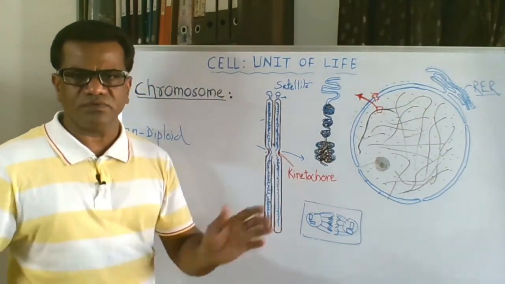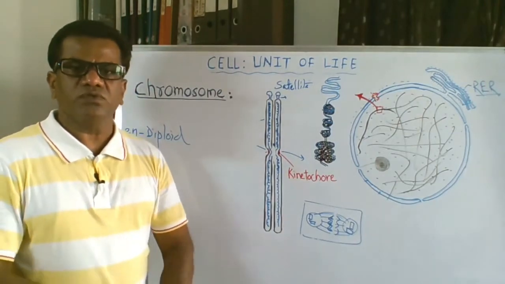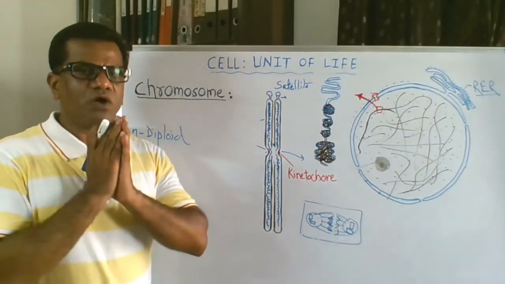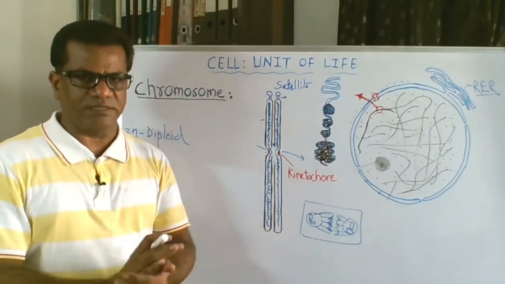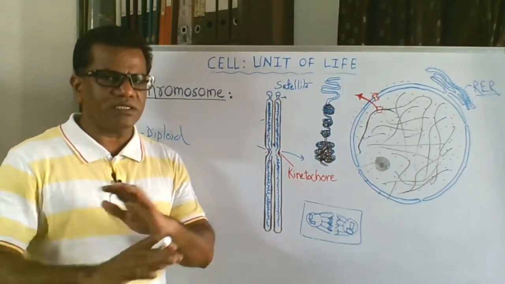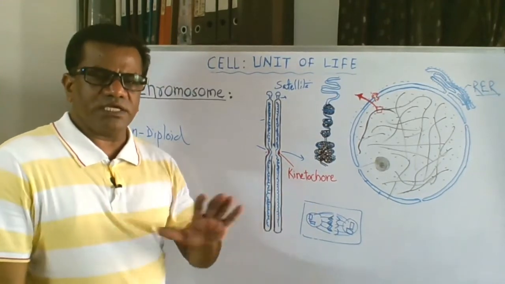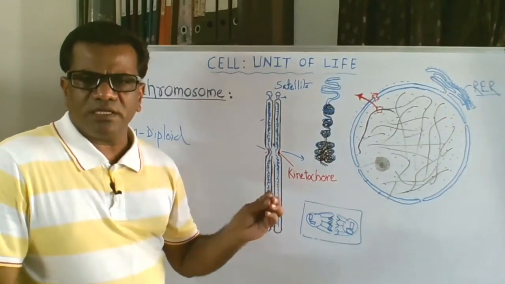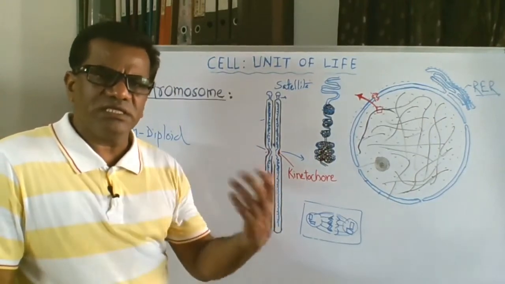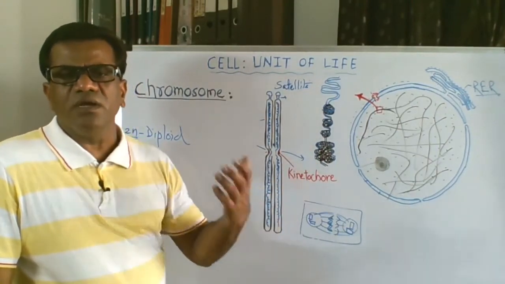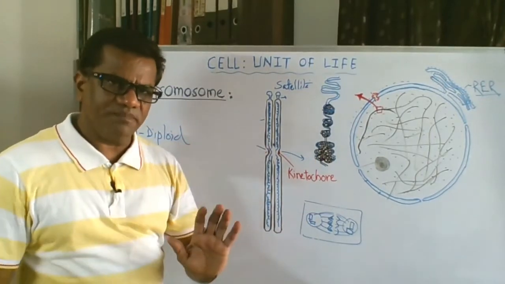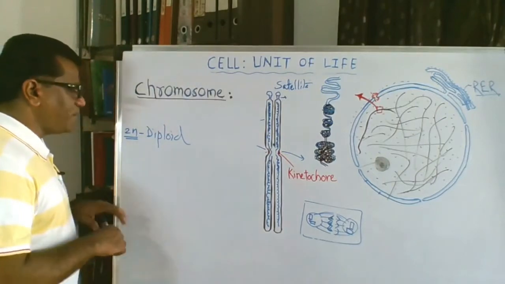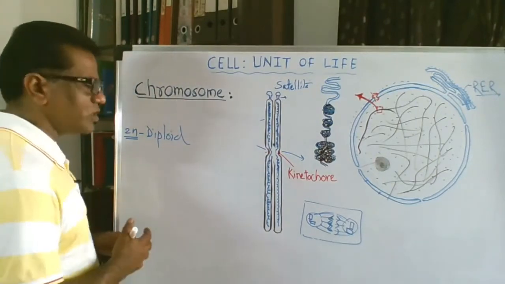There are organisms with 1000 chromosomes. So generally the chromosome number differs in different organisms or different species. We can't say exactly. In some organisms there are 2, then 14, 16, 20, 22, like that. But the chromosomes are divided like this: either haploid or diploid or triploid or tetraploid.